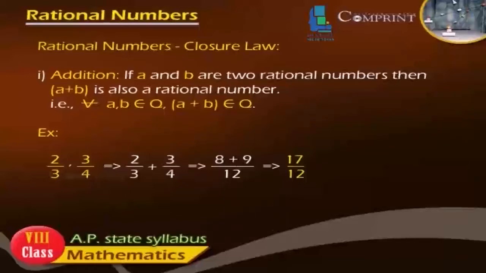That is, for all a, b belongs to capital Q, a plus b belongs to capital Q. Example: 2 by 3, 3 by 4 implies 2 by 3 plus 3 by 4 implies 8 plus 9 by 12 implies 17 by 12. Here 2 by 3, 3 by 4 and 17 by 12 are rational numbers.